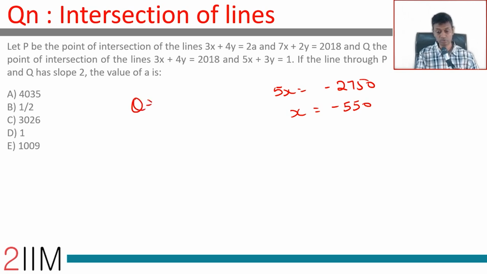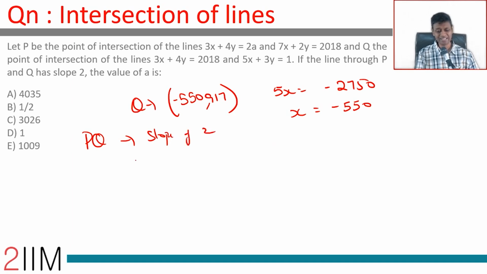So Q is the point minus 550 comma 917. Quite brilliant. And now we can find P similarly in terms of Q. But we know that PQ has a slope of 2, so we can take a slightly different approach. Form the equation of PQ.